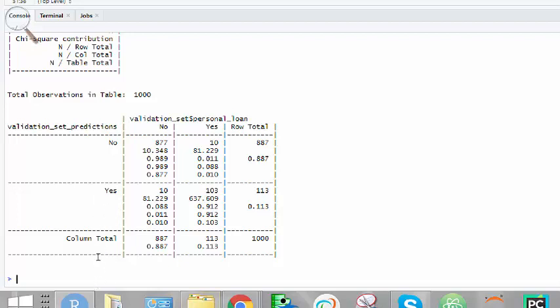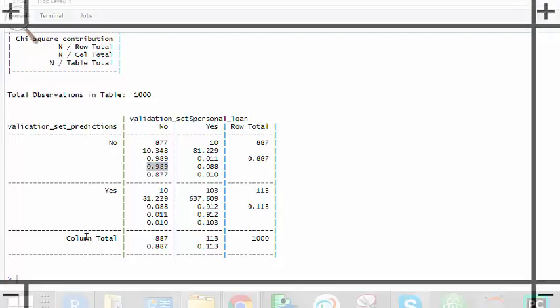So out of 113, which were yeses in my validation set, 103 were predicted correctly. So n out of column totals is right here. So my model sensitivity is 91.2%. And model specificity is 98.9%, right? So let's compare it.